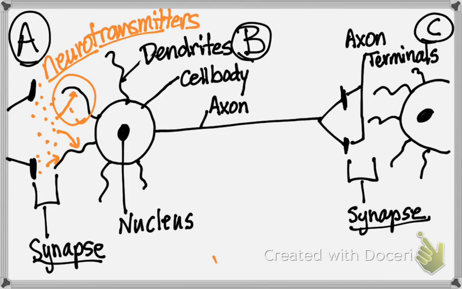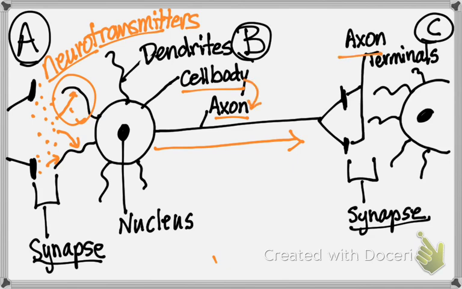If nerve B gets stimulated enough, it receives enough stimulus, those sodium-potassium pumps start to open, and it releases a wave of chemical changes that travels down the cell, from the cell body, down the axon, to the axon terminals.